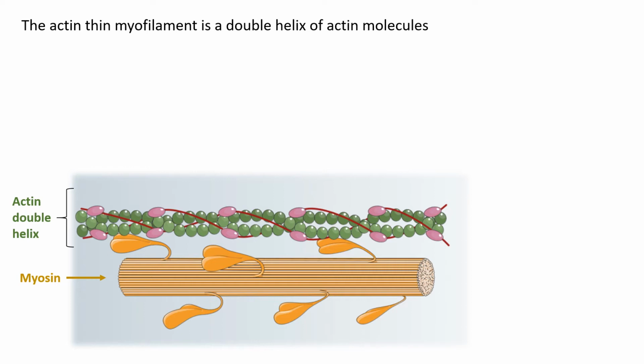So, okay, let's talk a bit more about actin, and we'll introduce another myofilament. The thin actin myofilament is made up of actin molecules. These molecules are arranged in a double helix. It's a bit like taking 2 strings of beads and twisting them. So we have this double helix of actin molecules.